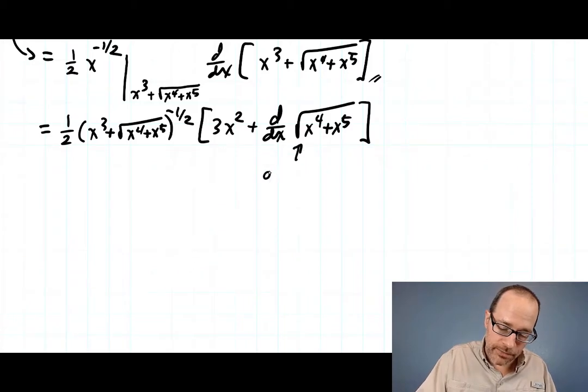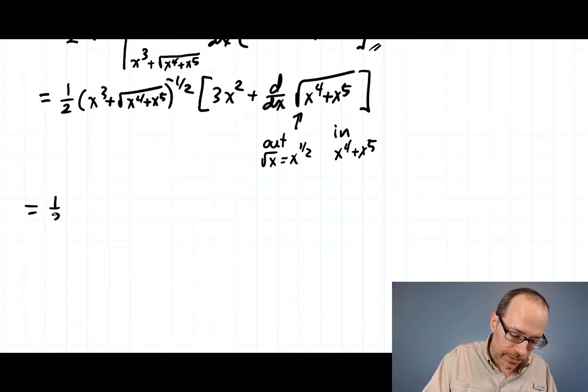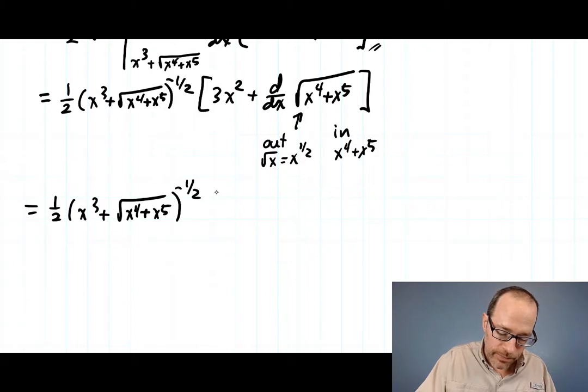So the outside function is the square root of x, also written as x to the 1/2, and the inside part is just x to the fourth plus x to the fifth. So when I write the derivative, let's copy everything else first: 1/2 times x cubed plus the square root of x to the fourth plus x to the fifth, all to the minus 1/2, times 3x squared.